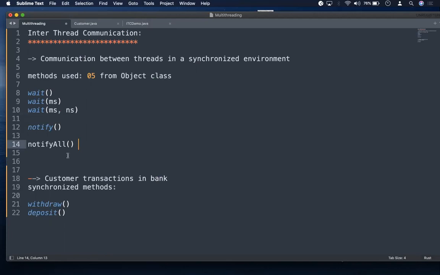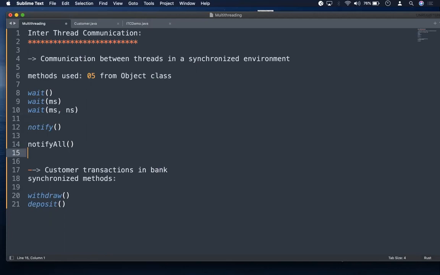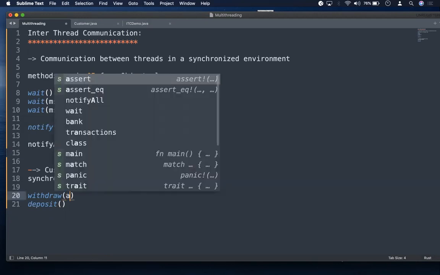In order to do this, I'm creating a scenario. The scenario is customer transactions in a bank. The customer does 2 transactions, withdraw amount and deposit amount. Both are synchronized. Whenever a withdraw is asked, some amount will be taken.